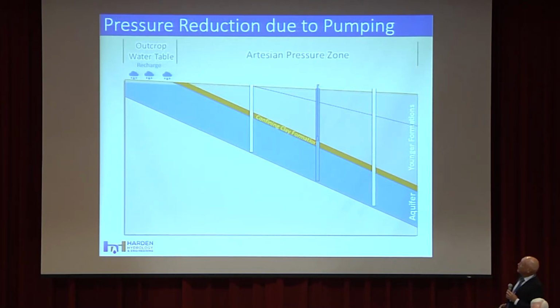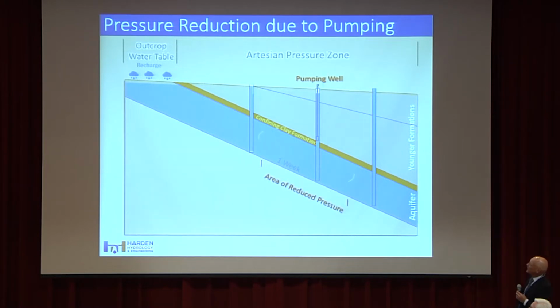And when we go ahead and pump this aquifer, we'll put a couple of other wells here that won't be the pumping well. The pumping well will be here in the middle. It starts pumping water. These pressure waves and reduction of pressure start radiating outward in the formation. The pressure waves radiate outward relatively quickly compared to, say, a water table depletion well, and they can also span great distances.